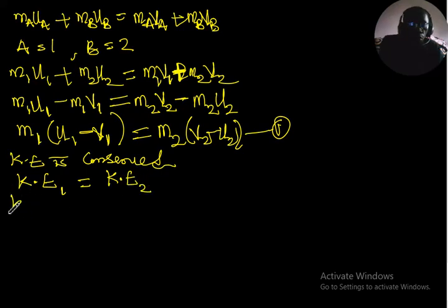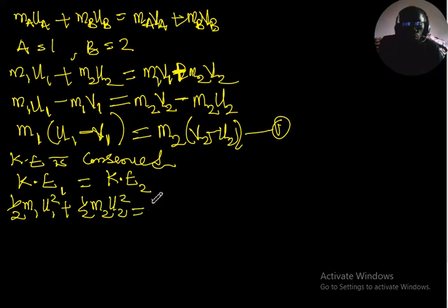So before collision, kinetic energy is 1 over 2 M1 U1 squared plus 1 over 2 M2 U2 squared equals, after collision, 1 over 2 M1 V1 squared plus 1 over 2 M2 V2 squared.